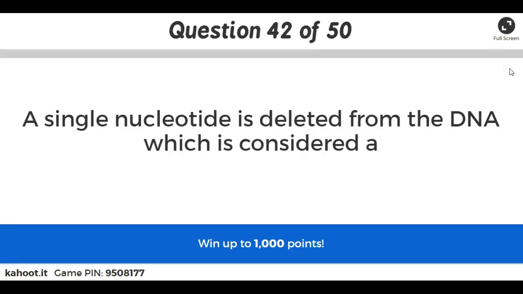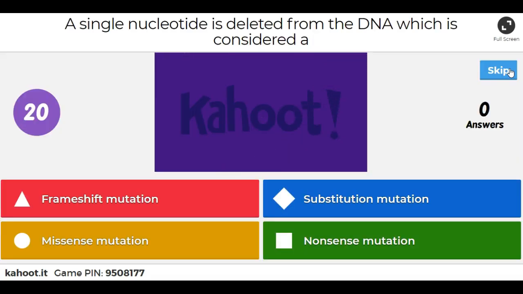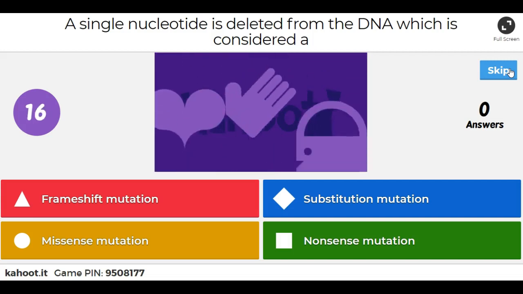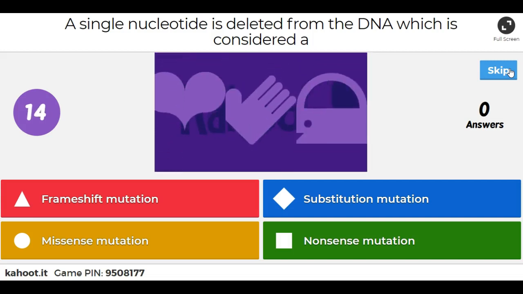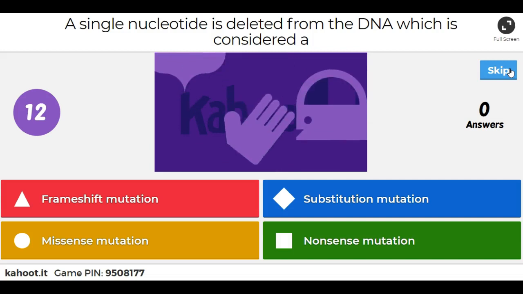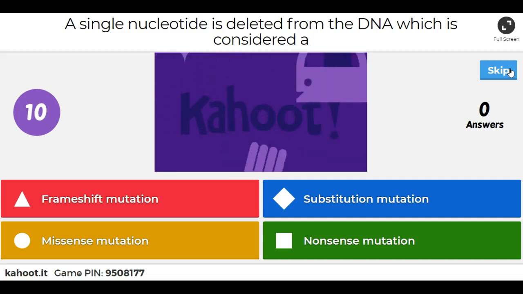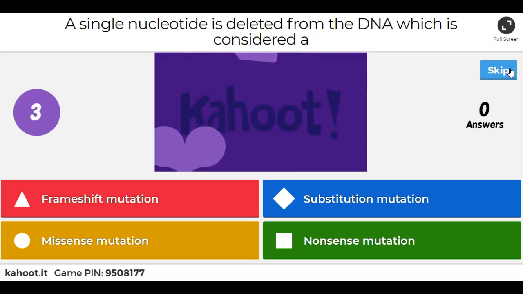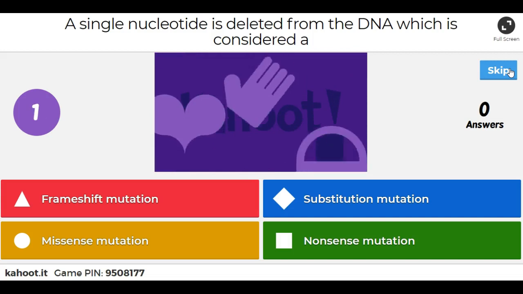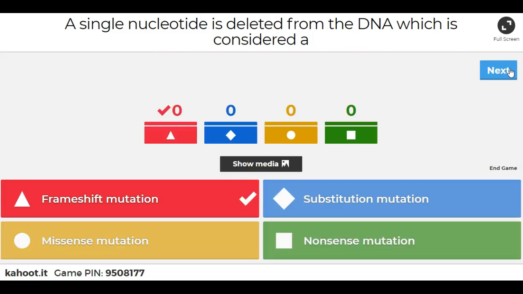All right, question number 42. A single nucleotide is deleted from DNA, which is considered what type of mutation? So this is a frameshift mutation.